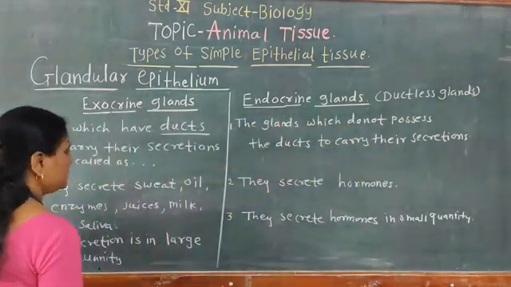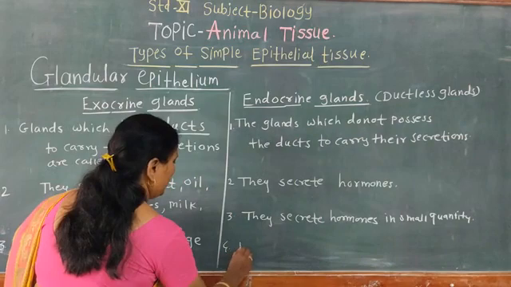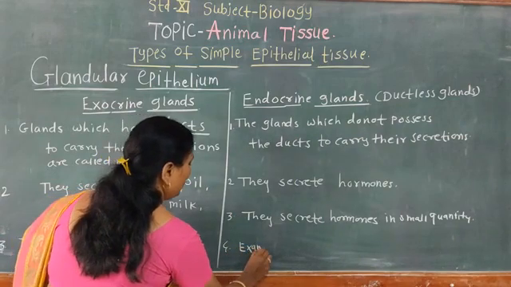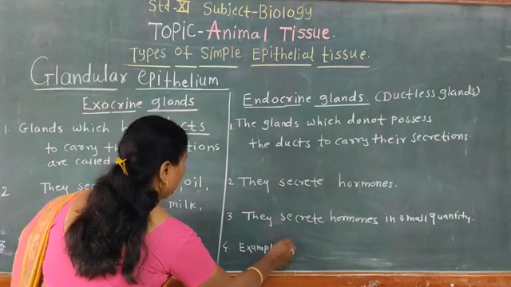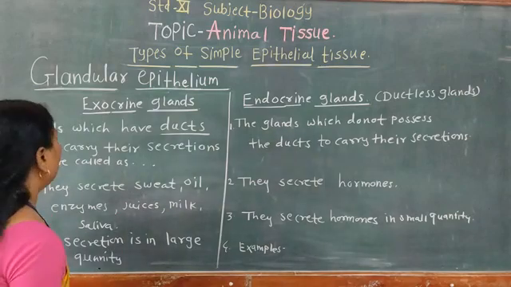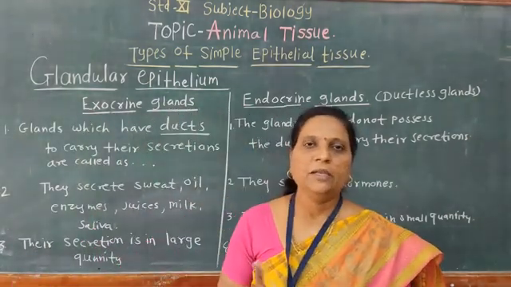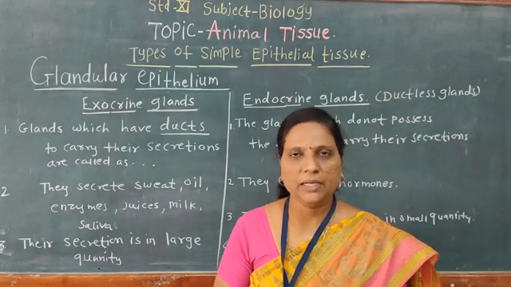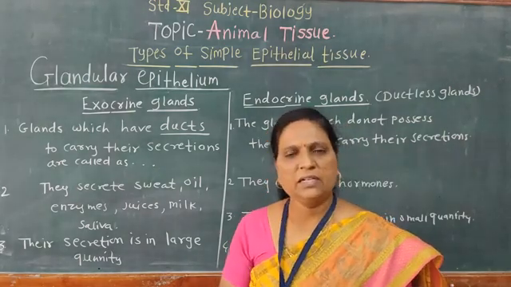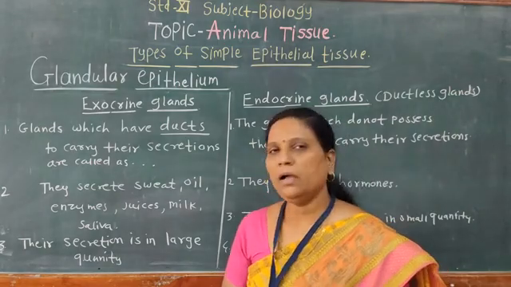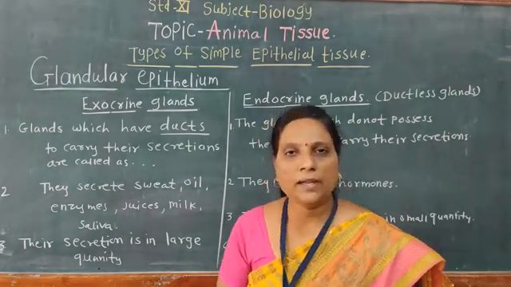Then the last difference is about the examples. Examples of the endocrine glands and exocrine glands. You know the exocrine glands, that is the salivary glands, sweat glands, sebaceous glands, mammary glands, gastric glands, intestinal glands, all are the exocrine glands.